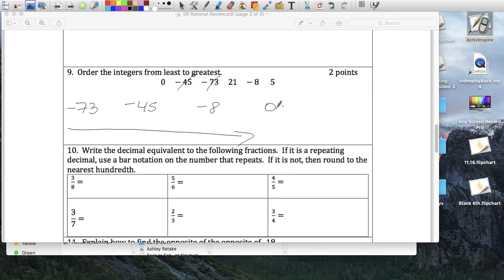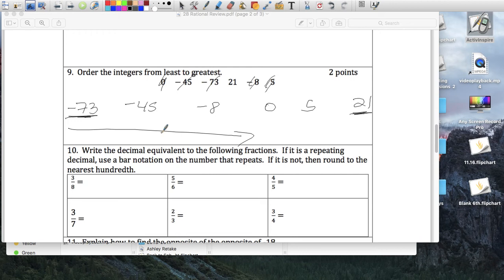Finally, you hit 0. And then after 0, you start counting up again: 0, 1, 2, 3, 4, 5, 6, 7, 8, 9, 10, 20, 21. There you go. So in order from least to greatest would be this. And the greatest number of all of them would be 21.